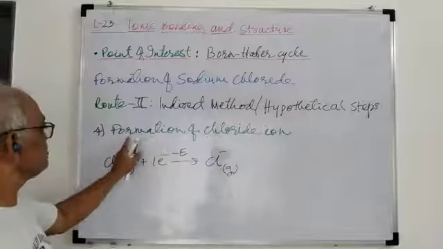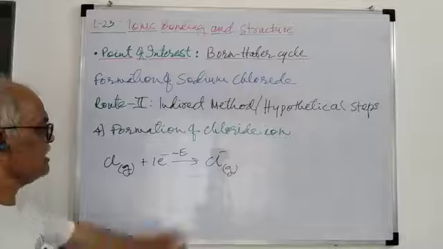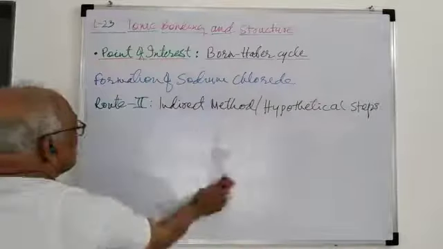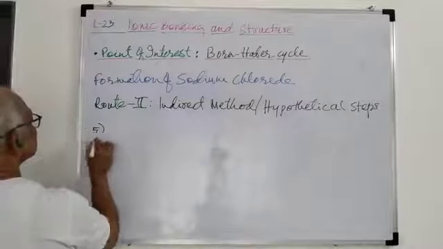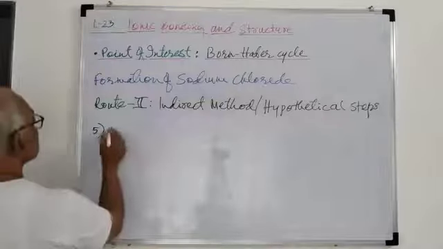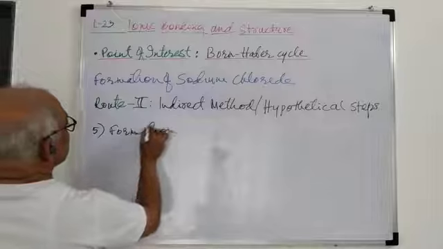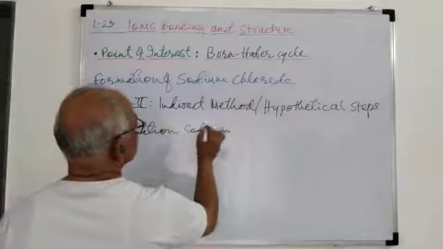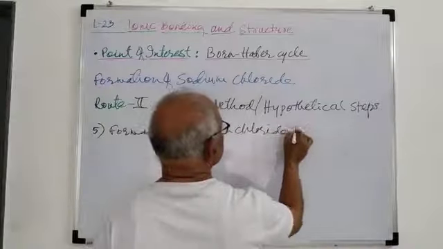So up till this fourth step we have obtained Cl minus in gaseous state. Now the fifth step is the formation of sodium chloride lattice.